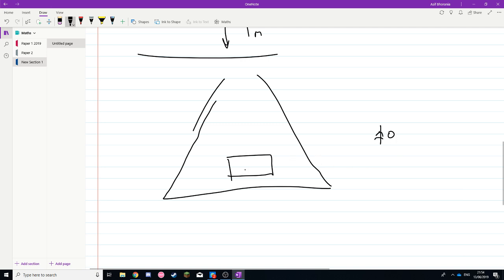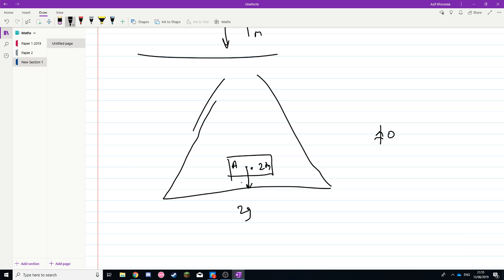This pan is exerting a force down due to its weight. I'm just trying to be accurate. Let's say this is, I don't know, 2 kilograms. This is going to be 2g, a force acting on this object downwards of 2g.